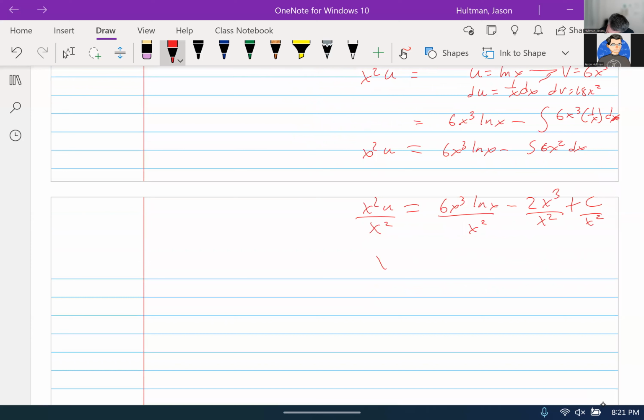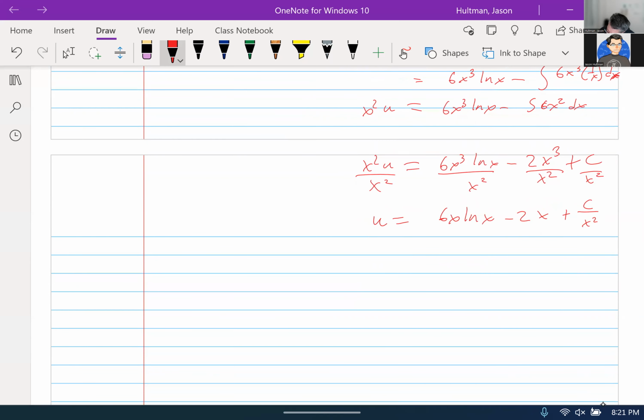And we get u is equal to 6x natural log x minus 2x plus c over x squared. Okay. Maybe I'll factor out this 2x here. 2x times 3 natural log x minus 1 plus c over x squared is equal to u.